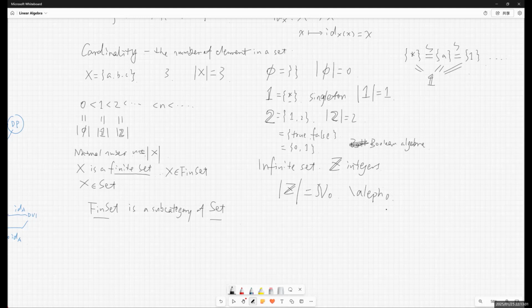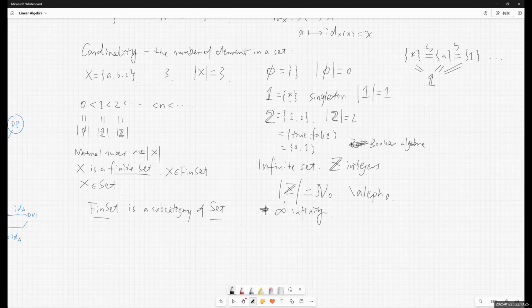If you have experience learning real analysis, at the beginning of the textbook of real analysis, you usually can see different kinds of infinity. This is infinity.